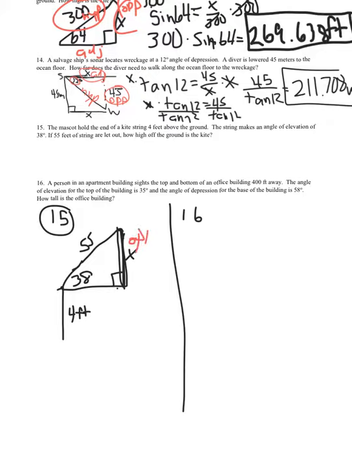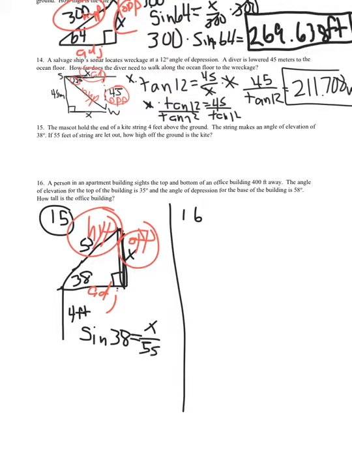So this gives us opposite, hypotenuse, adjacent. Opposite and hypotenuse is going to be sine. So sine 38 equals opposite x over hypotenuse 55.